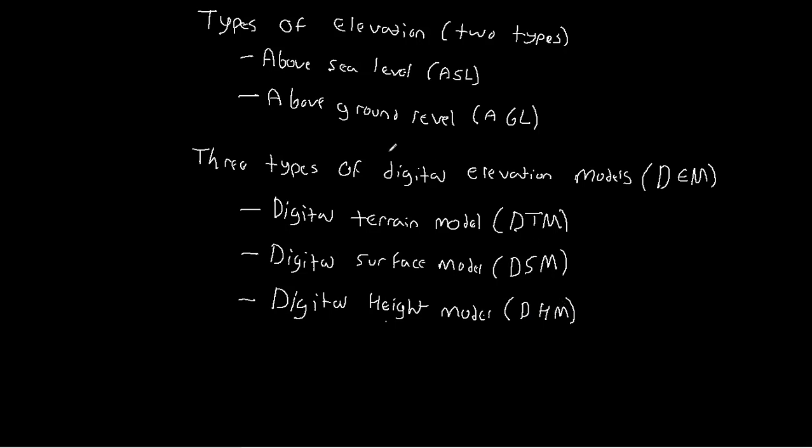And again, we're going to go through all of these in more detail. So don't worry for now if you don't understand what these are. That's completely okay. This is just an overview. So again, three different types of digital elevation models. We're going to talk about DTM, digital terrain, DSM, digital surface model, and DHM, digital height model.